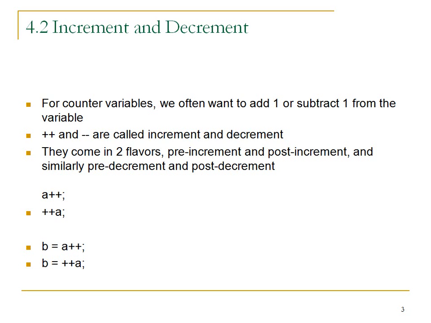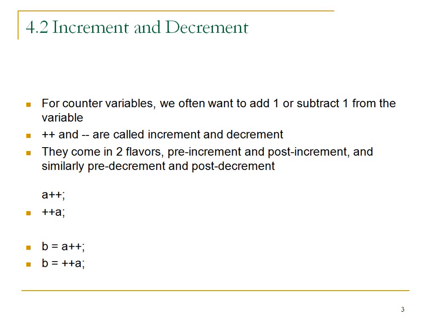So look at this other one down here at the bottom. b gets a plus plus. That means use the old value of a, assign that to b, and then add 1 to the variable a. So we are doing a post increment there, and it's post everything else in the statement.